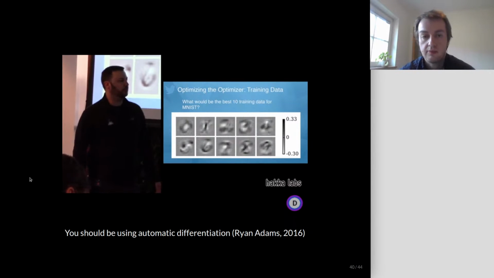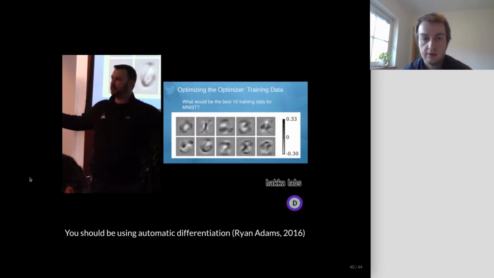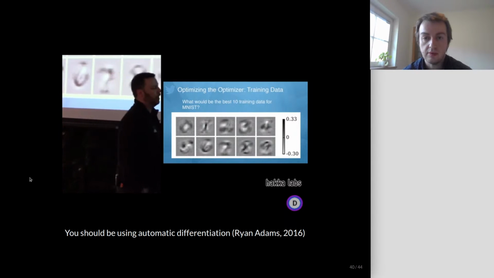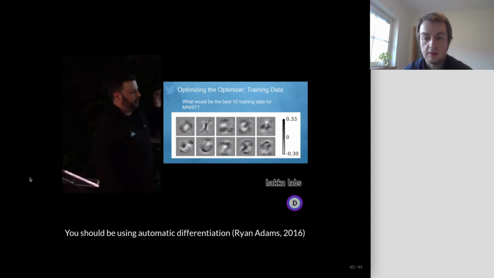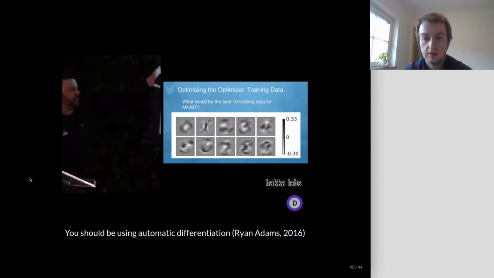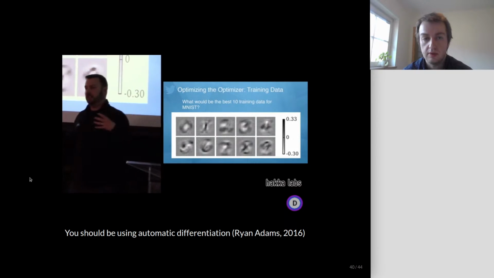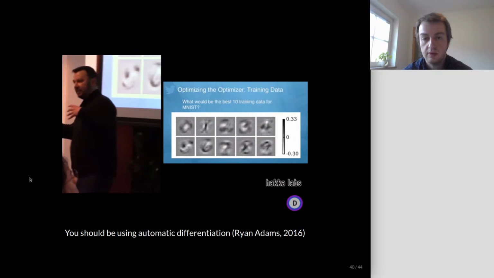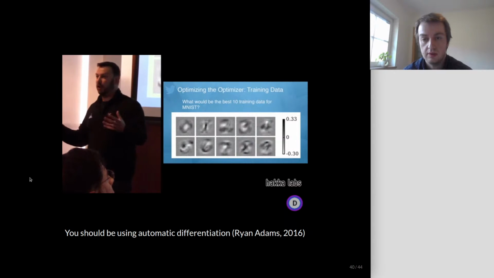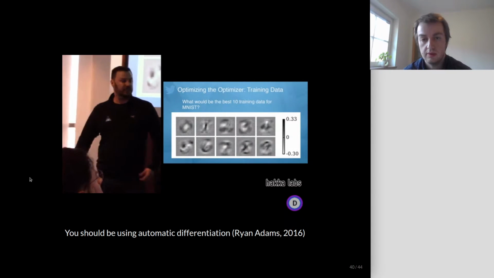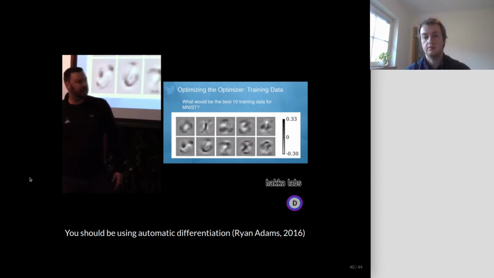Similarly, you can ask really crazy questions like, what if I optimize my training data? What if I wanted to build an MNIST handwritten digit recognizer, and I let it identify 10 data examples that were going to be the best ones to improve my validation performance? What training data would it really like to have?